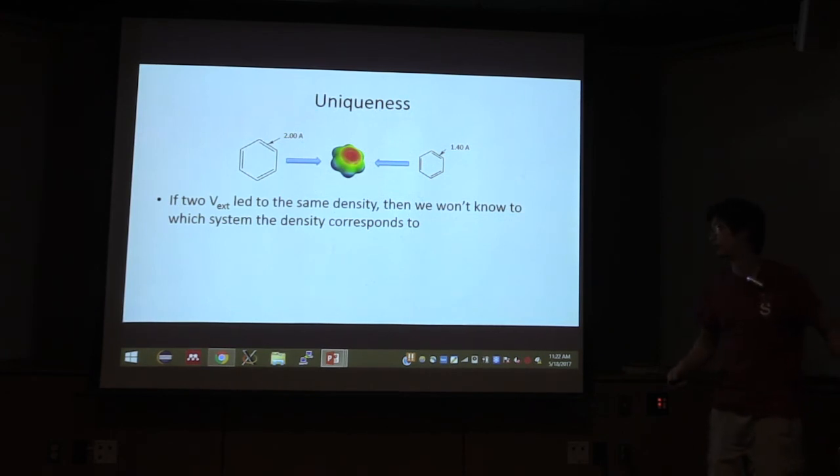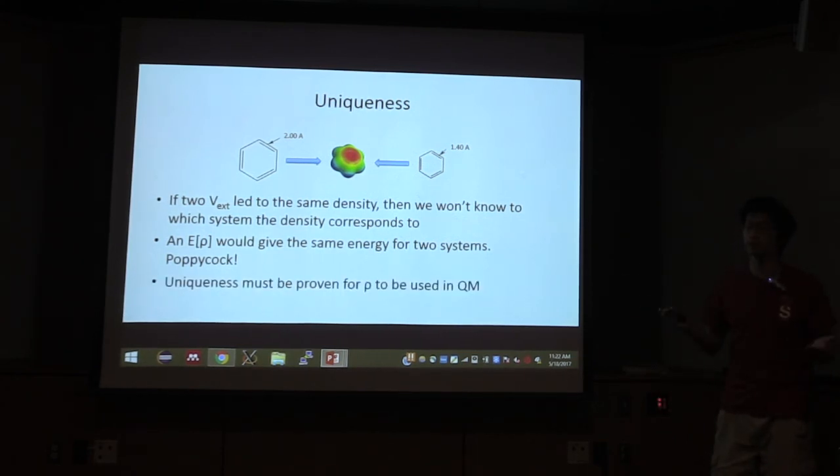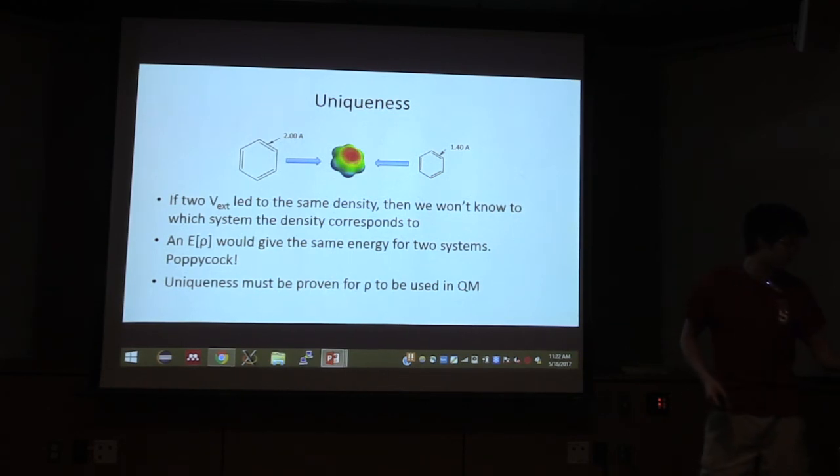Another way to reason this out is that we'd get the same energy for two systems from an energy functional, which wouldn't make sense. This example is like benzene with different carbon-carbon bond lengths, and those two systems are clearly going to have different energies. So uniqueness must be proven for the density, rho, to be used in a quantum mechanics calculation.